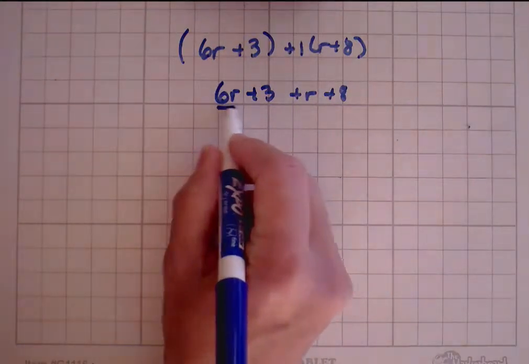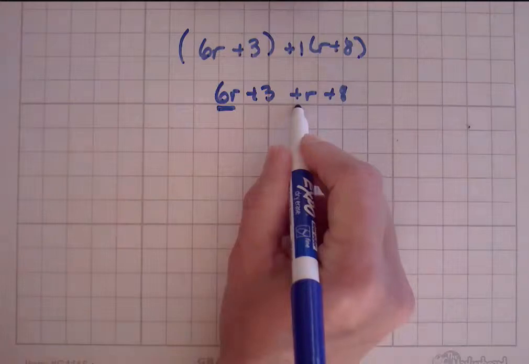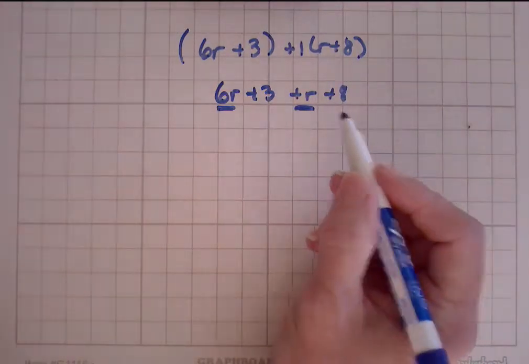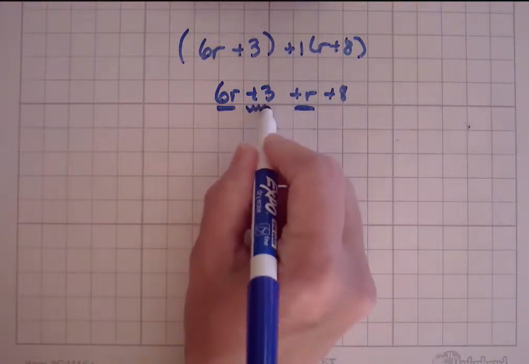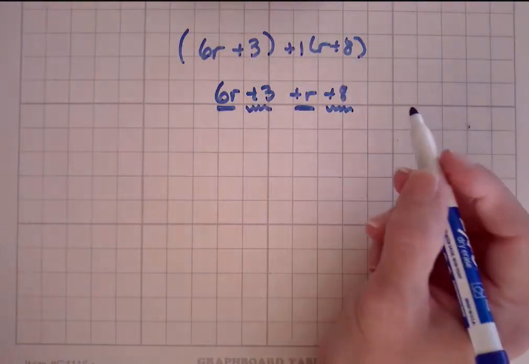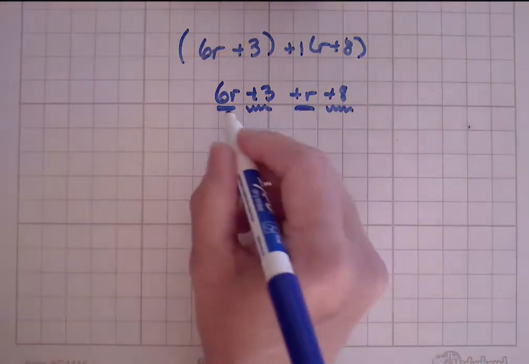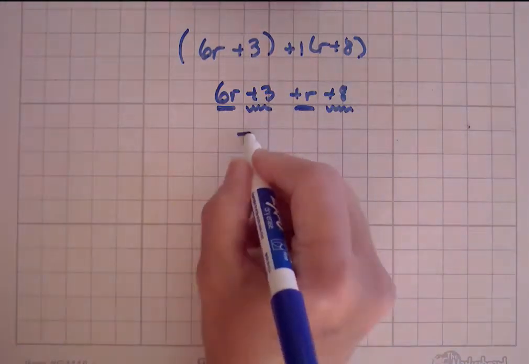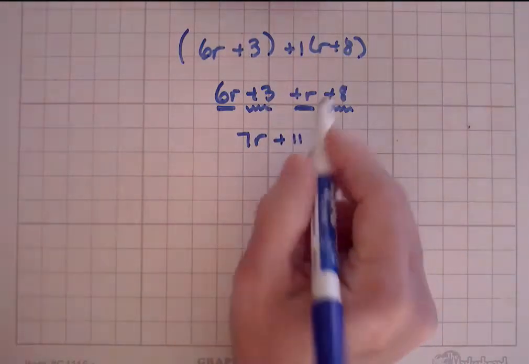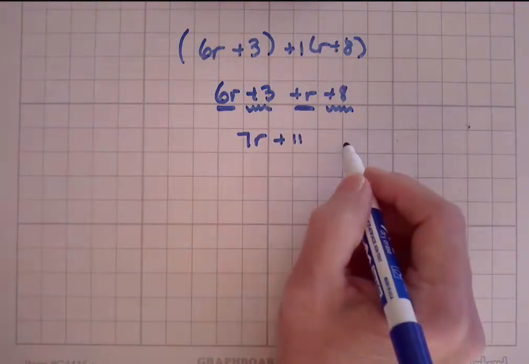In this case, this is attached to an r, and again there's an invisible 1 attached to an r, so those are like terms. 3 is not attached to any variable, nor is 8, so those are like terms. So if you add 6r plus 1r, you get 7r, and if you add 3 plus 8, you get 11, and now you have added those two polynomials.